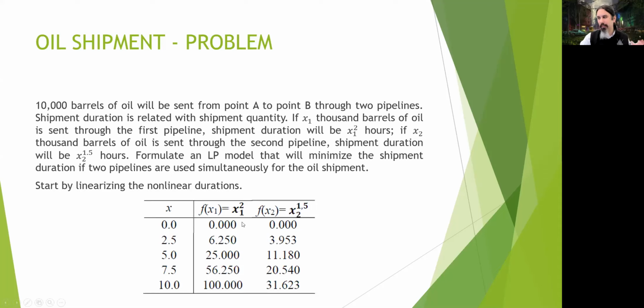If I send everything to the second one and nothing to the first one, 0 and 31. 31 is not as good as 20, so 20 is the better option. But there might be a far better option, something between those two. I don't have to send 7.5; I could have sent 7 or maybe 6.5 or 6. We don't know for those values, so we have to just model it.